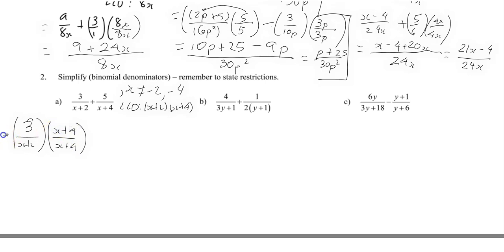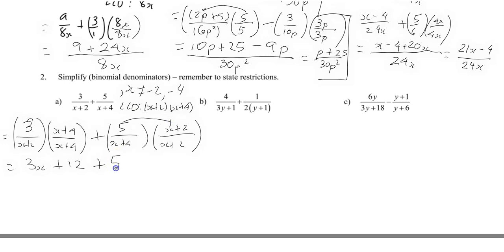And remember, equivalent rational expressions. The 5 is over x plus 4. So I need an x plus 2, x plus 4, so down here we need an x plus 2, and up here an x plus 2. Okay, 3x plus 12 plus, watch this, 5x plus 10 over, well, we've already got the common denominator, right?